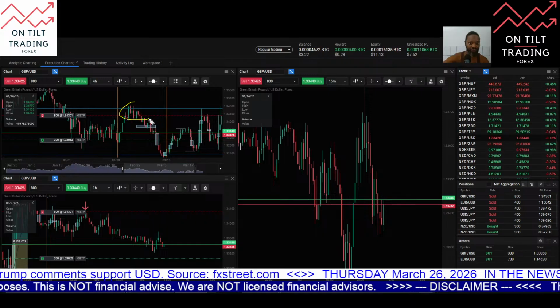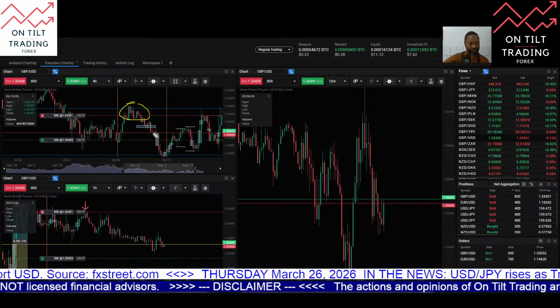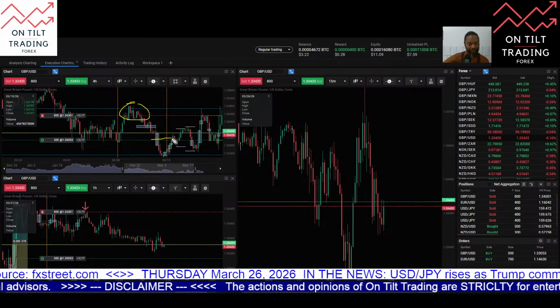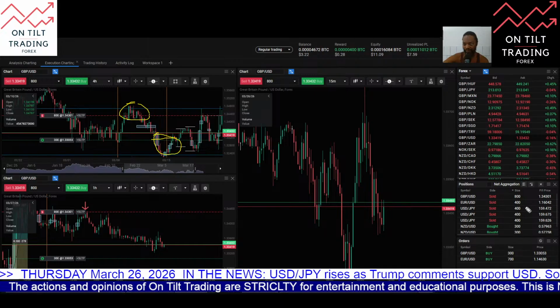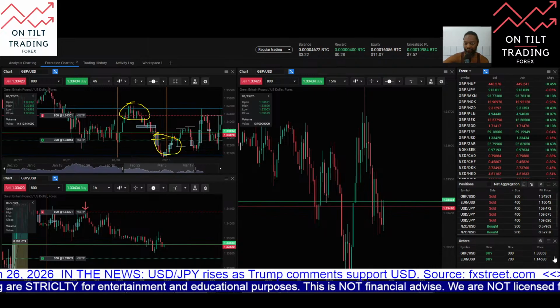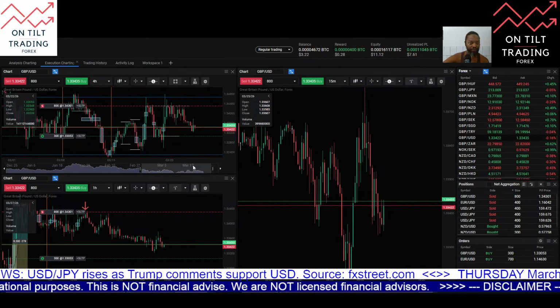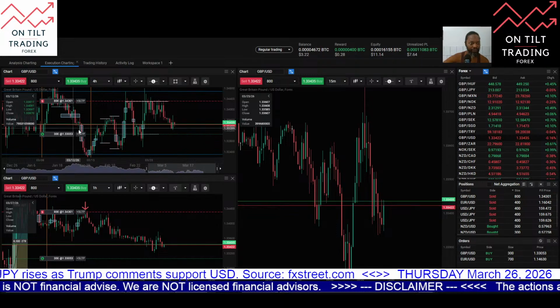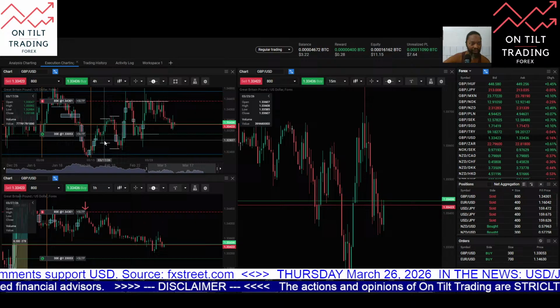So here breaks out of the range kinda, but here, this down here, this I really like. And then price breaks back into the range, pulls back.